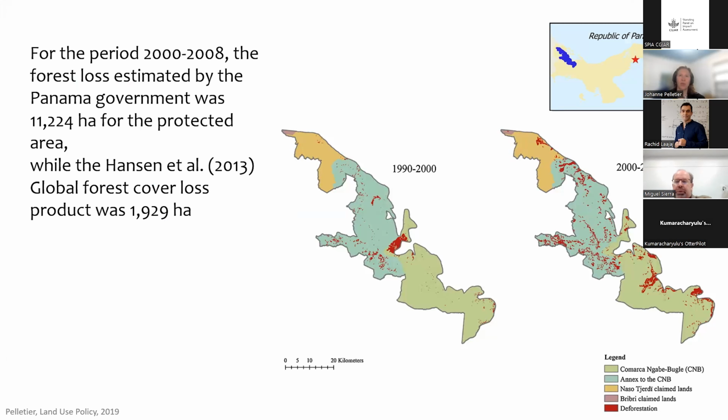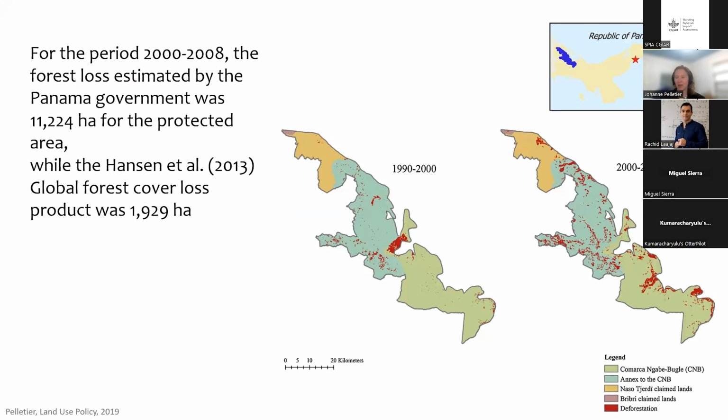For the period of overlap between these two analyses, the 2000 to 2008 period, the government estimated deforestation at 11,000 hectares, while the Hansen product at 2,000 hectares. So definitely it's hard to reconcile these numbers.